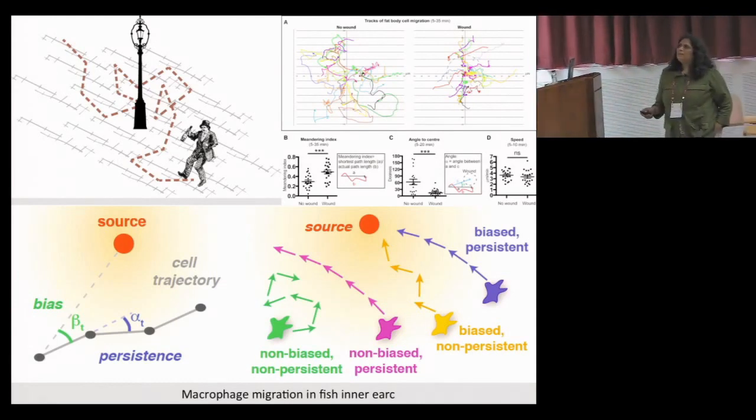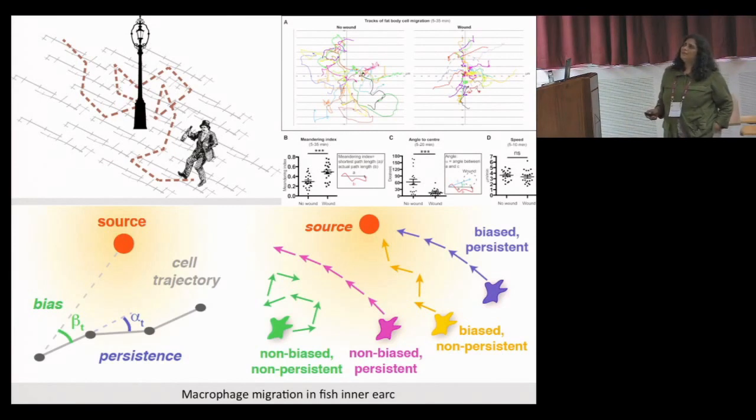And people have quantified many different sorts of indices, and this one here is called the meandering index, which, as its name suggests, tells you something about how persistently a macrophage follows a particular path.